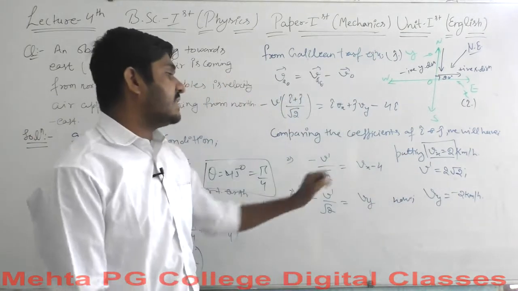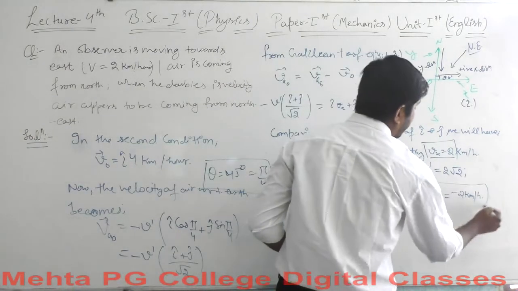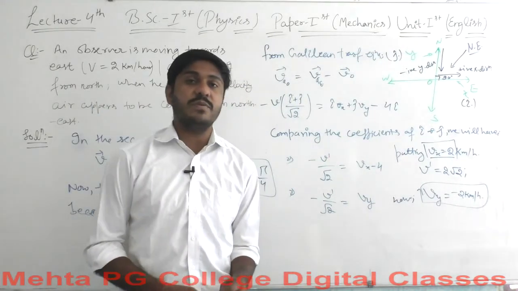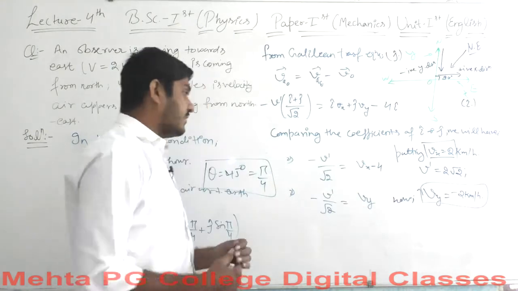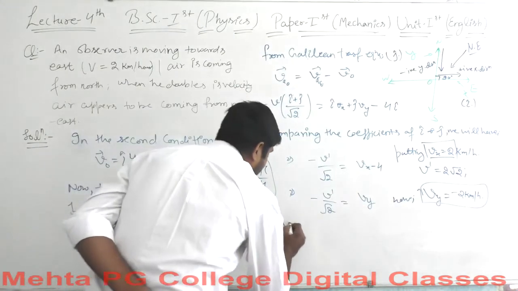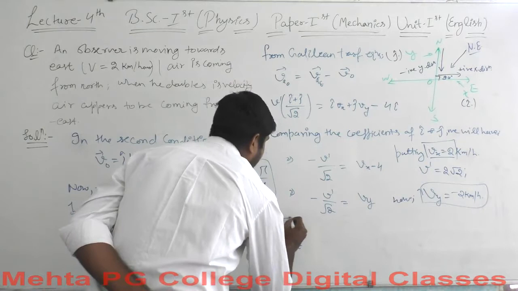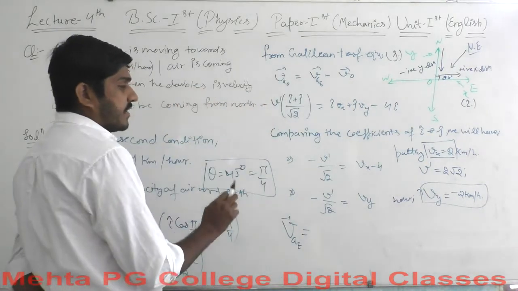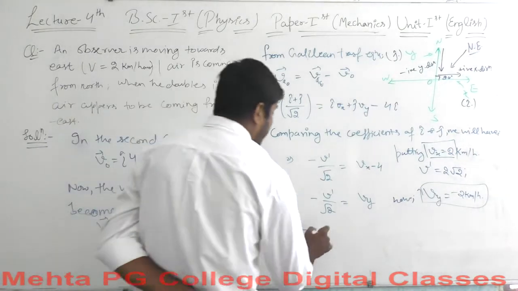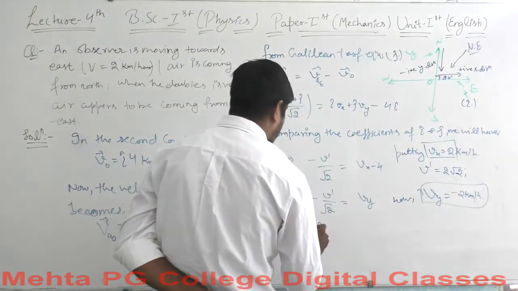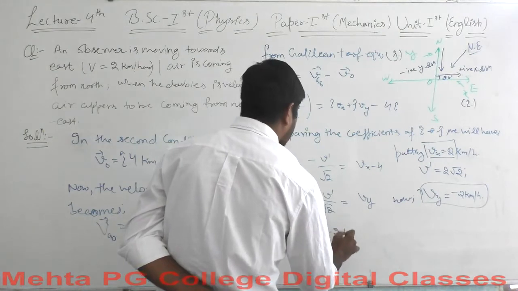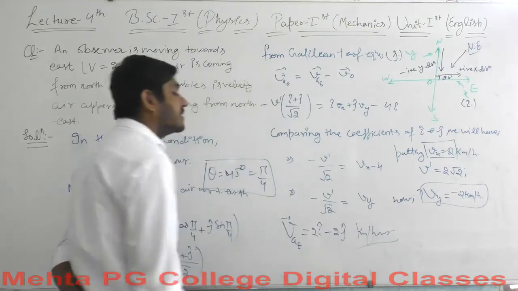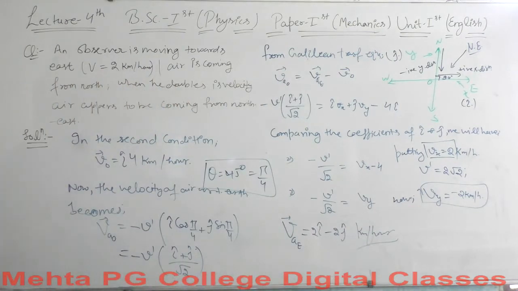We got the value for Vx and the value for Vy, and now we get the velocity of air with respect to the frame of reference of Earth, VAE. This will be equal to 2 i cap minus 2 j cap kilometer per hour. So this is the answer we were asked to find.